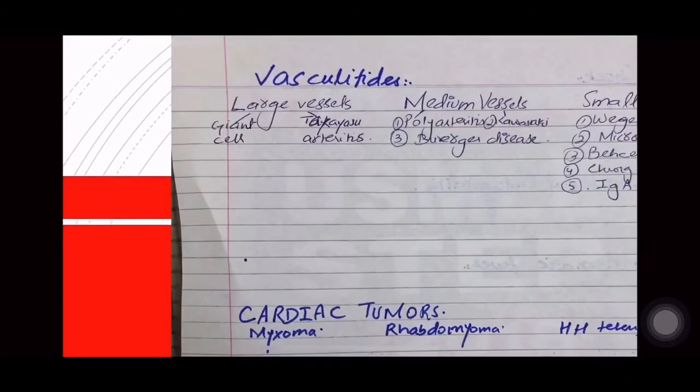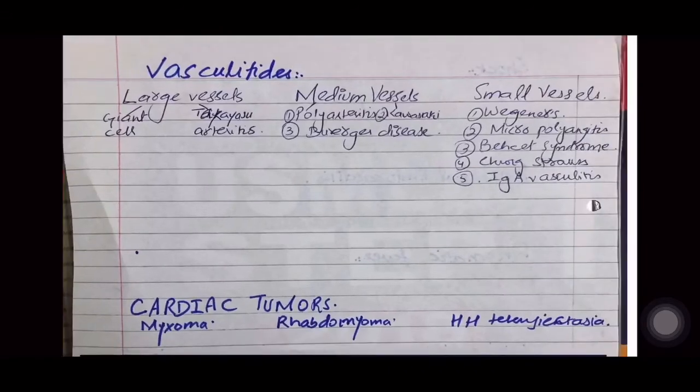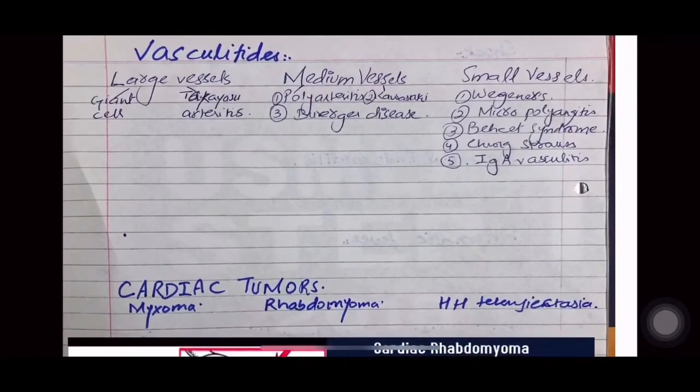Large vessels have giant cell and Takayasu's arteritis. Medium vessels have polyarteritis nodosa, Kawasaki disease, and Buerger disease. Small vessels have Wegener's disease, microscopic polyangiitis, Behçet syndrome, IgA vasculitis, and Churg-Strauss syndrome.